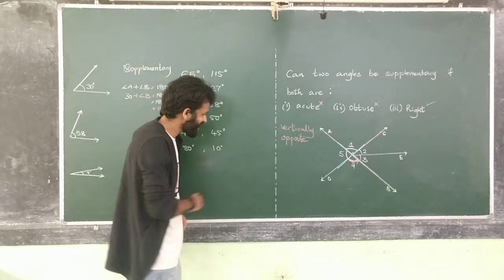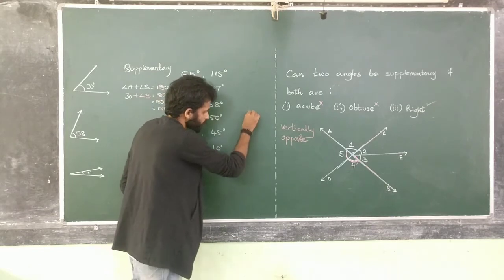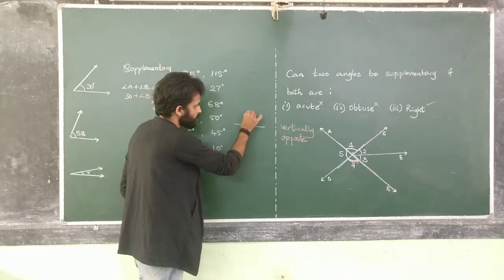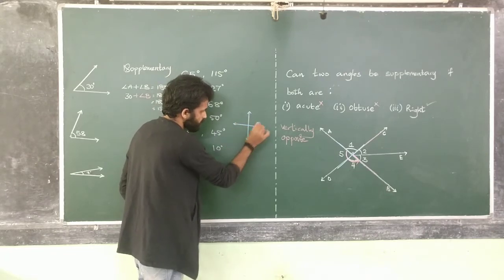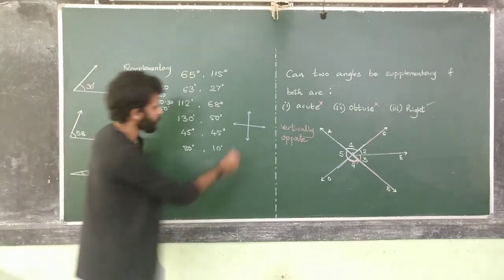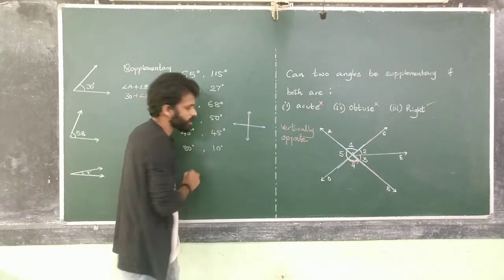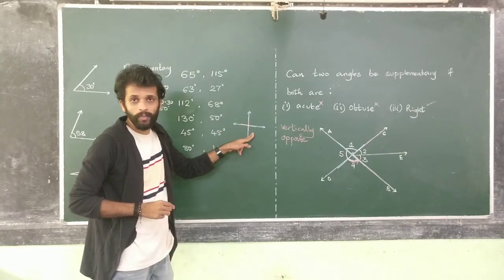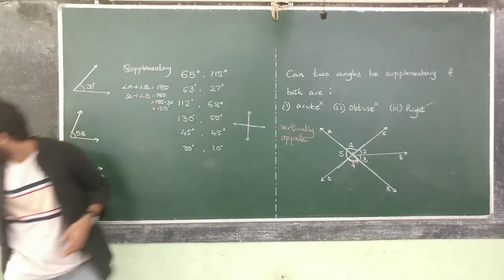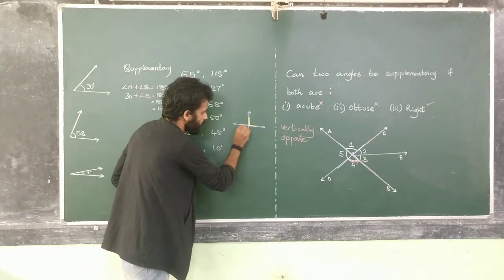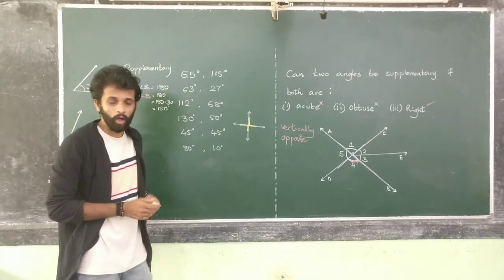Now, let us take another example. Two lines intersect each other. So here my one angle is this one, the other angle is this one. Vertically opposite angles. Same way I can write this angle and this angle are vertically opposite.